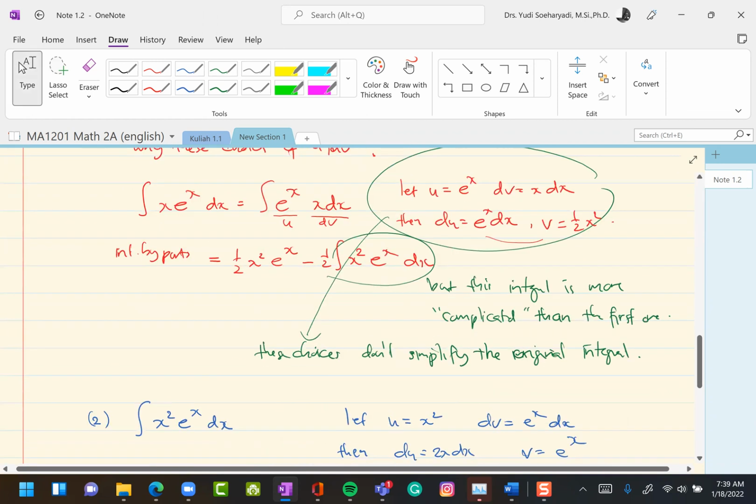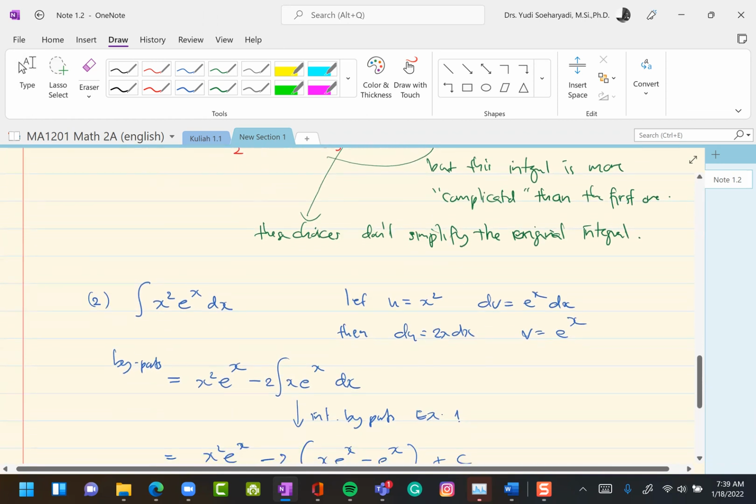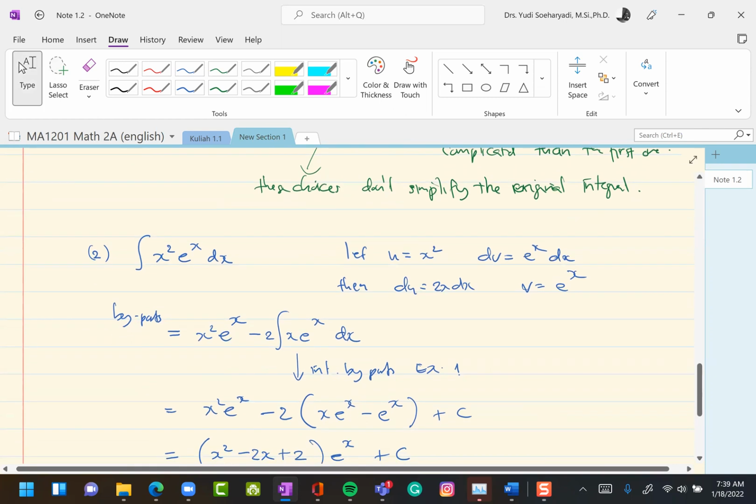For number 2, why is there a minus 2 in front of the integral? Since v is only e to the x, why is it not x squared e to the power of x minus the integral of e to the x dx only? All right. So we compute the u and v like this. So this is u times v, always cross this one, x squared e to the x.